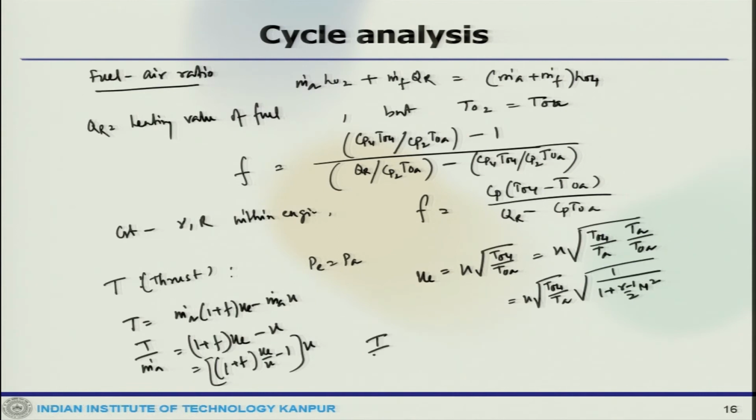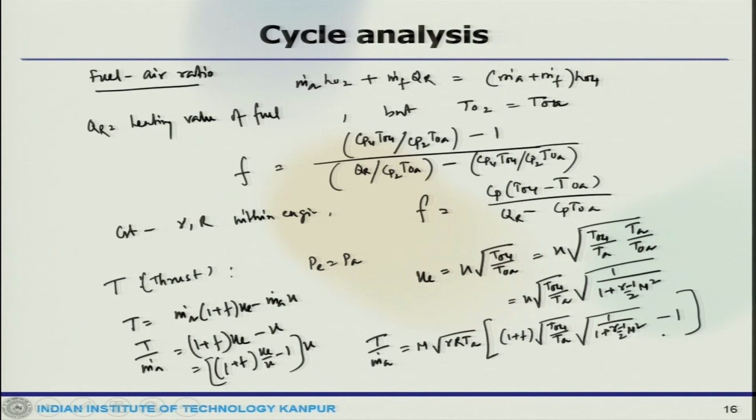So, the thrust force can be expressed as T by m dot A equals M root gamma R T A [(1 plus f) times the square root of (T naught 4 by T A) times 1 by (1 plus gamma minus 1 by 2 M square) minus 1], and TSFC, this could be m dot f by T, which is f by T by m dot A. So, these are the situations that you will get from the ideal cycle.